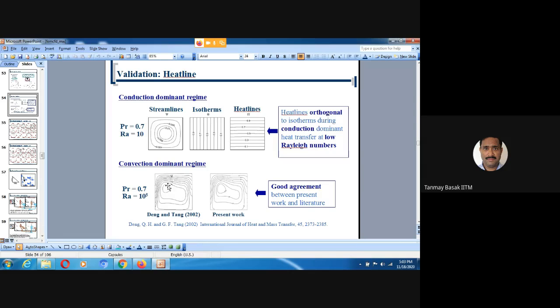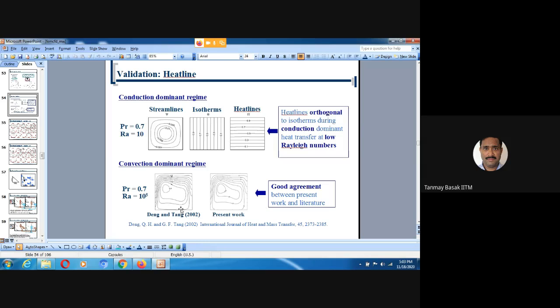And this portion is basically the convective heat transport. That means if you have any fluid, that will not heat up the other zones, but will recirculate, and that will enhance the thermal mixing. So this is the first time the heat line. Heat line is very complicated when you have the convection zone, because it won't be perpendicular to the isotherm, rather it will show you how the heat is being transported from the hot zone to the cold zone.